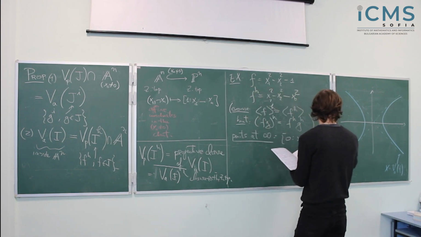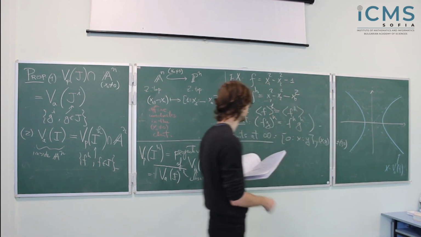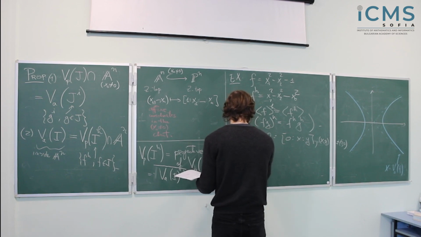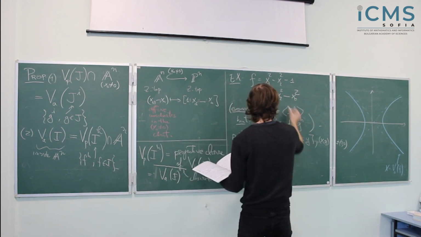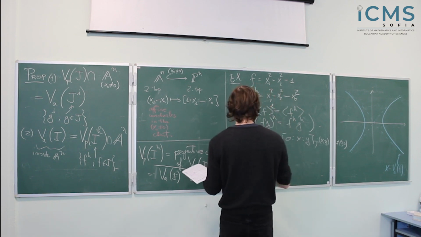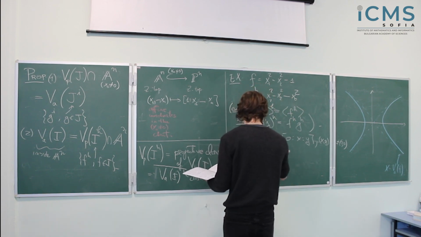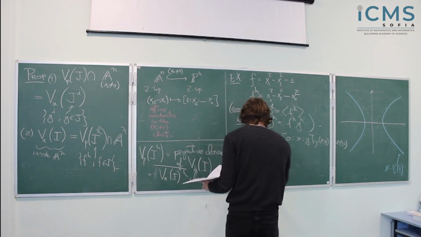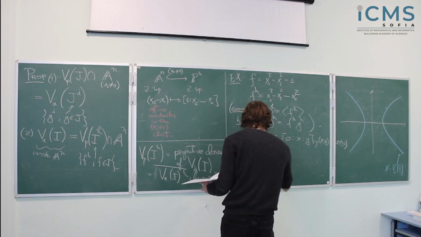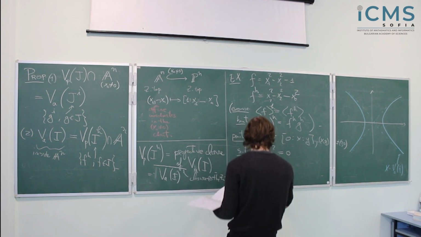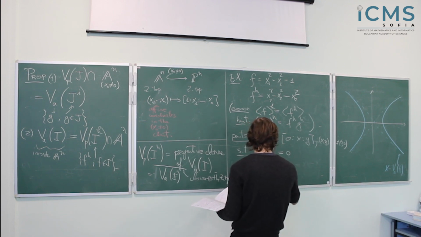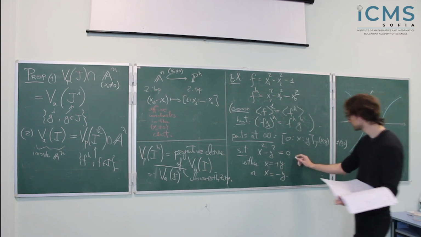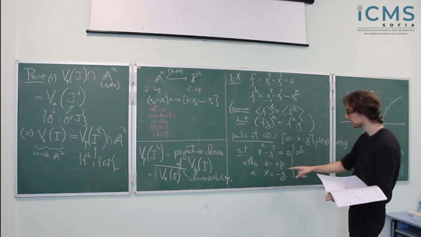So if we insert these into the equation, we obtain that either x is equal to y, or x is equal to negative y. So there are only 2 extra points.